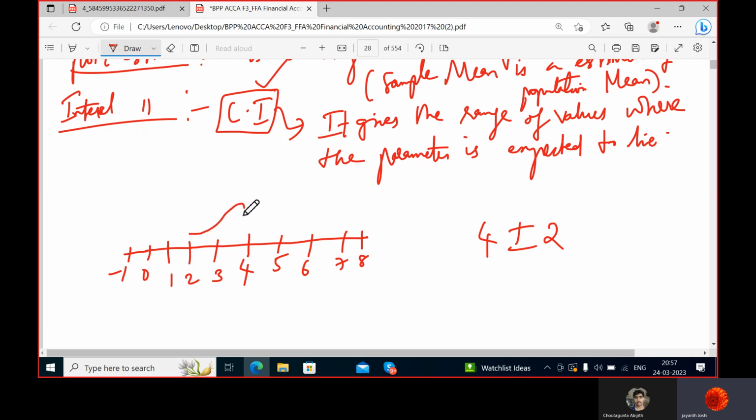So I'm taking the values from here to here, 4 plus or minus 2. So this is my confidence interval. These are the range of values where I can clearly say my mean lies. Understood, Abhijit? Let's see the formula of this, and we'll do a question also on this, and I'll give you some Z values which you need to note down.